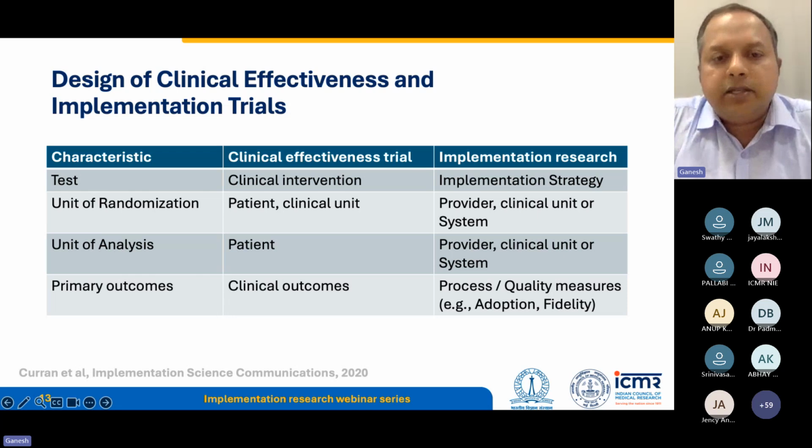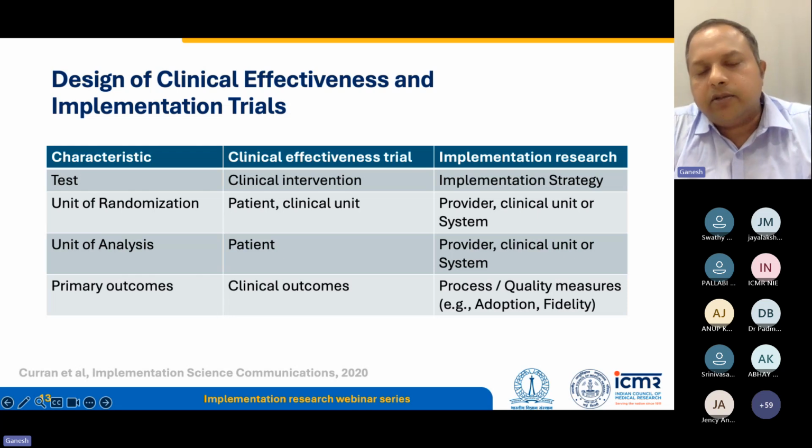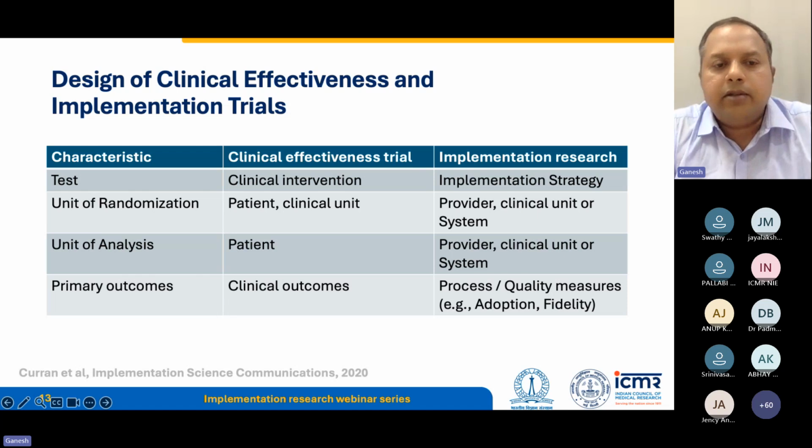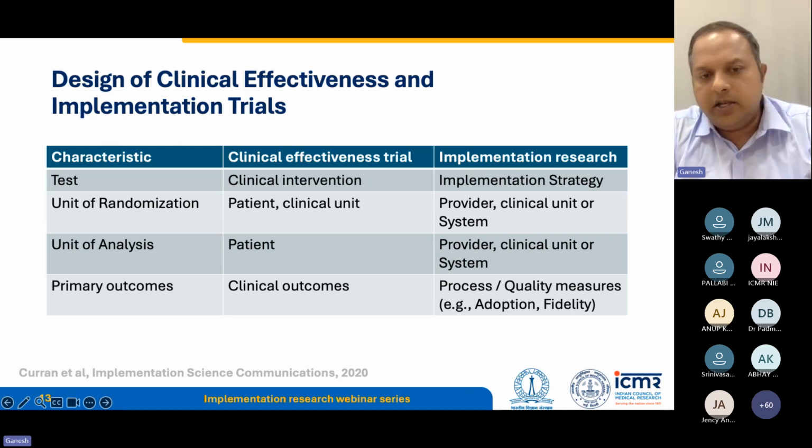The unit of randomization in a clinical effectiveness trial is the patient or a clinical unit. The unit of randomization in implementation research is a provider, a clinical unit, a system, a village, or a geographical region where the intervention is implemented, or where the implementation has happened as a set.